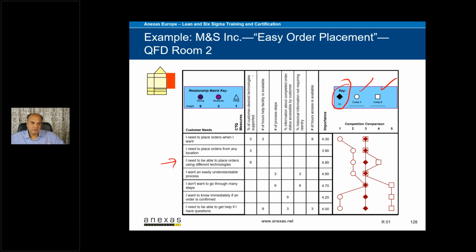And if you remember, this was very, very important. Most important was percentage of customer desired technology supported. That is one of the most important CTQs when I'm ordering online.